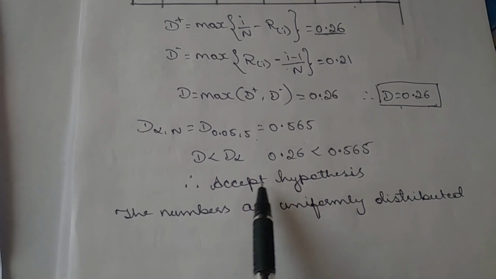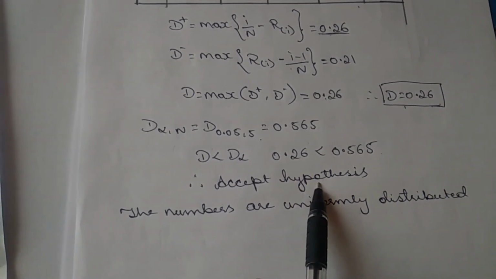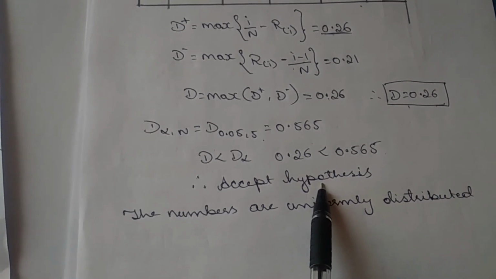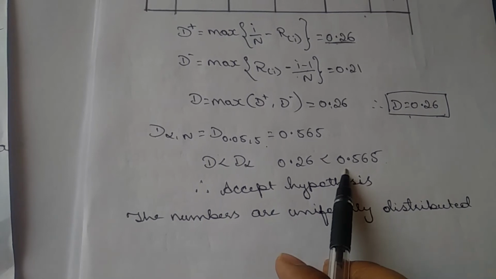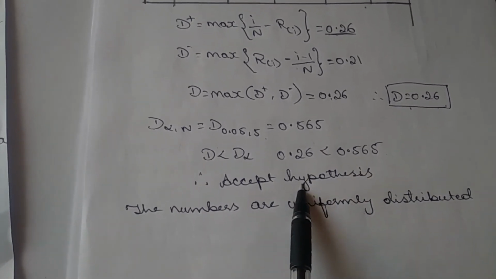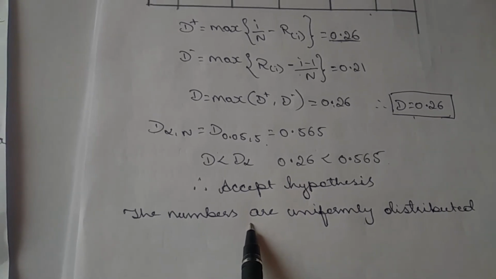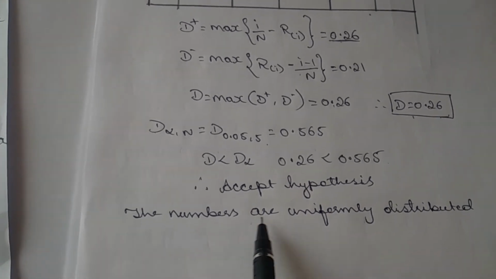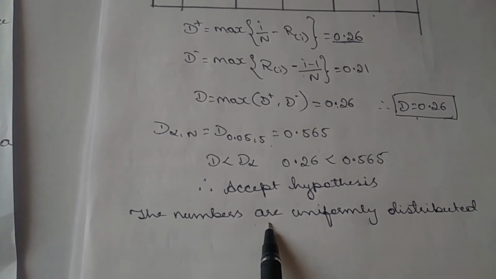So you have to accept the hypothesis. If D is less than or equal to D alpha, then you have to accept. If D is greater than D alpha, then you have to reject. Now 0.26 is less than 0.565, so you have to accept the hypothesis. Now you can say the numbers are uniformly distributed. Okay, this is how we do the KS test, that is the Kolmogorov-Smirnov test.